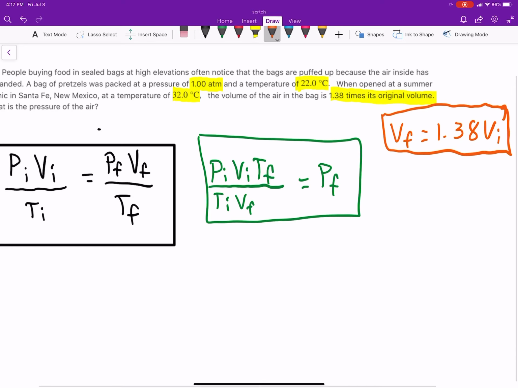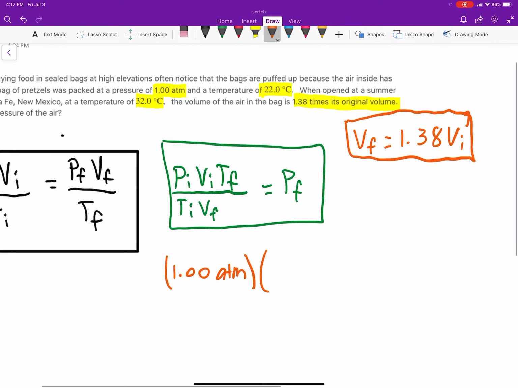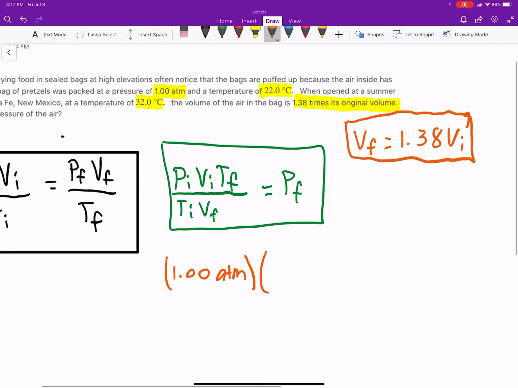So we can plug in what we know. We have 1 atmospheric pressure. Volume initial, I'm just going to call it V initial. And temperature final, I'm going to convert that to Kelvin.